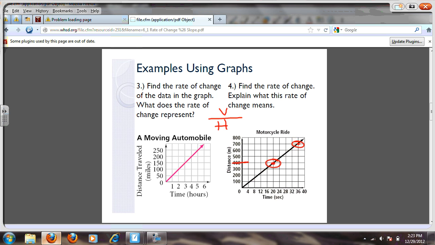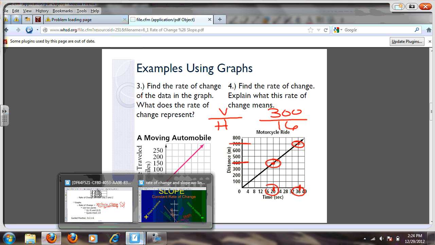Here's my point up here, that's at 700. So the change between 400 and 700 is 300. Now we go down here. I'm at 20, and I'm at 36. The horizontal change, 20 to 36, is 16. And then I simplify to get my rate of change.